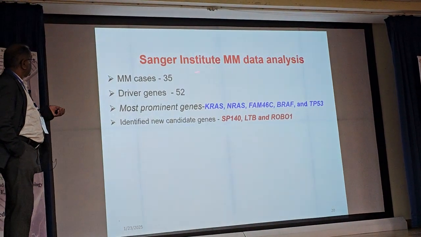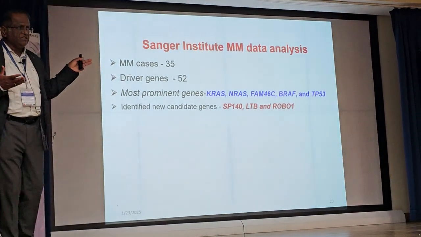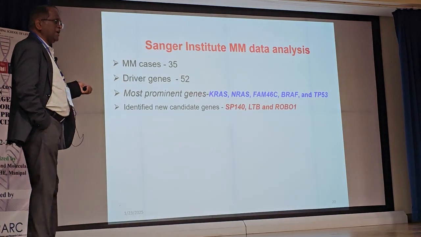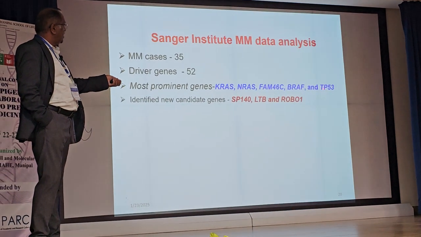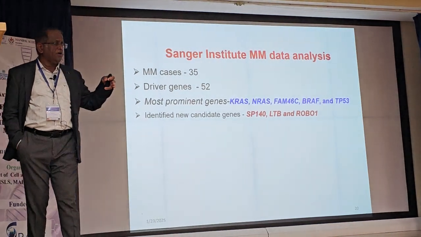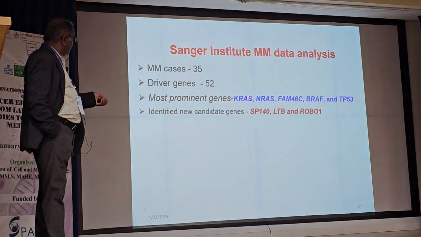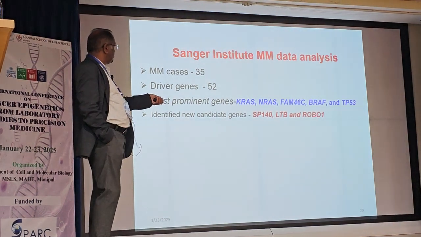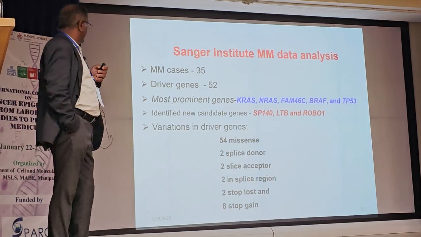When we analyzed the Sanger Institute data of 35 cases, they identified 52 driver mutations, and most of the cancer genes like KRAS, NRAS, BRAF and TP53 were the most prominent. This was found in all the 35 cases, and we also identified 3 genes not reported in the literature, ROBO1 and LTB, in those exome data.